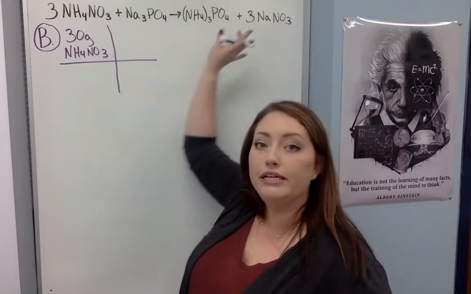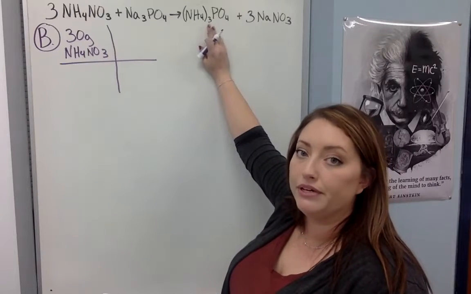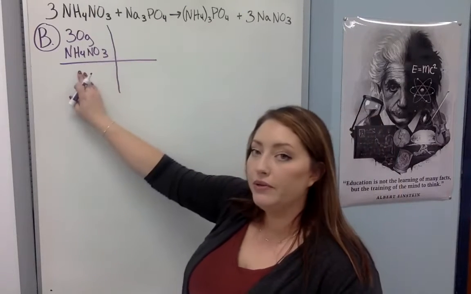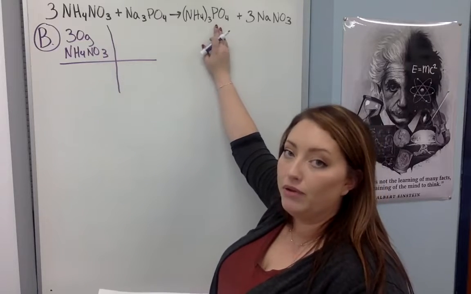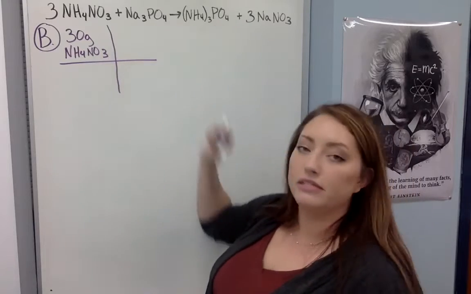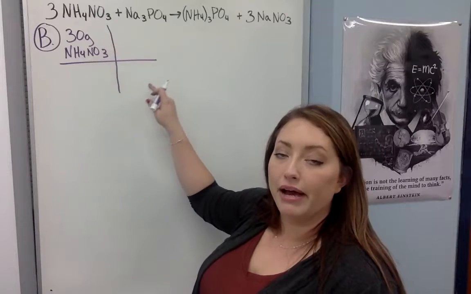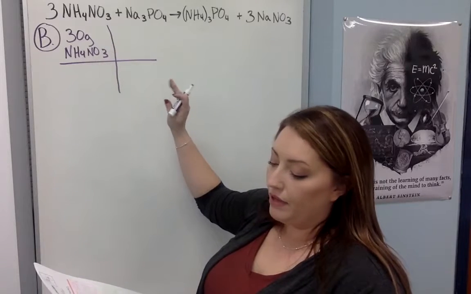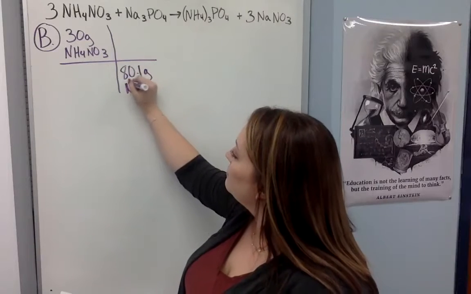Since we already did this product, we now have to calculate how much we will produce of this product. So we're starting with the limiting reactant. We're going to convert it into the mass of ammonium phosphate, and that'll tell us how much can be produced. This follows the same trends as before. We have the mass of ammonium nitrate, so the mass has to come down of ammonium nitrate. So we're going to have 80.1 grams.